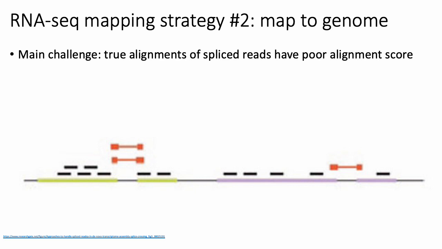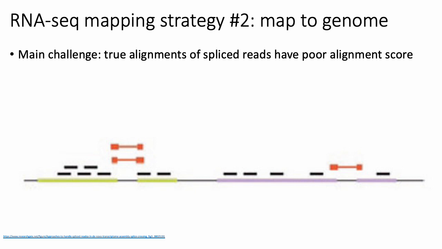Because the problem is that the alignments of splice junction reads back to the genome, the true alignments anyways, will involve large gaps, because for those reads that span splice junctions, part of the read will map to the 3' end of one exon, and the other part will map to the 5' end of another exon.